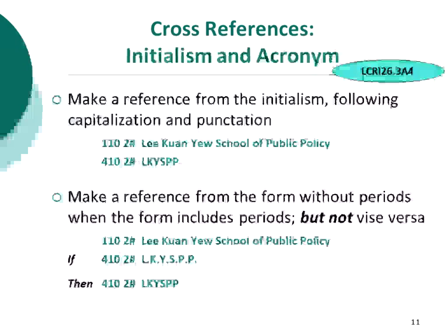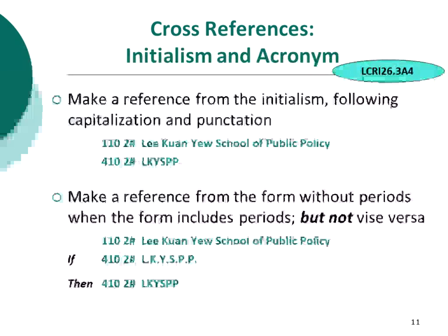We have an abbreviated form available and it's in capitalized letters. So according to the rule, the cross-reference is provided from this initialism keeping the same capitalization. Now, we make a reference from the form without periods when the form includes a period. So this is another rule in terms of cross-references of an initialism.